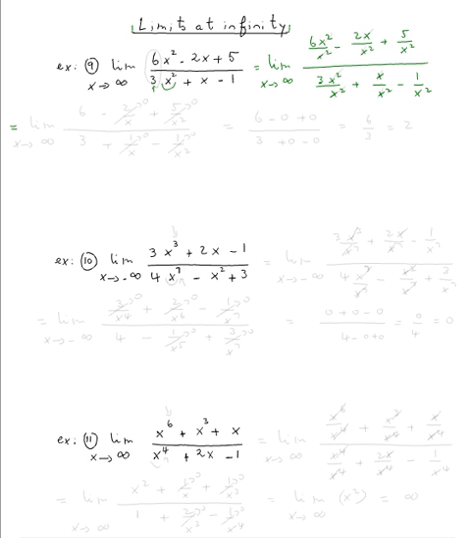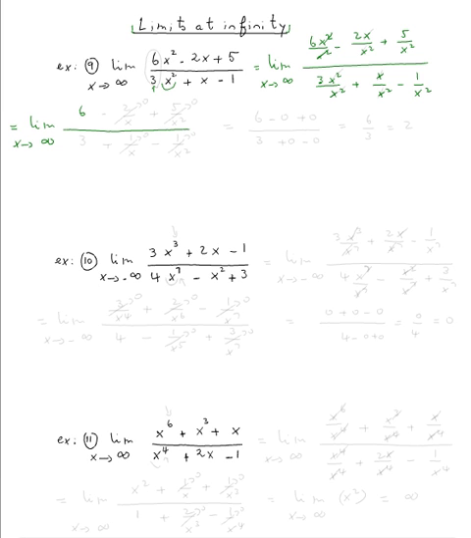Now this is equal to, so we need to simplify. The limit as x approaches infinity of, first this x squared goes with this x squared, so you'll get 6.